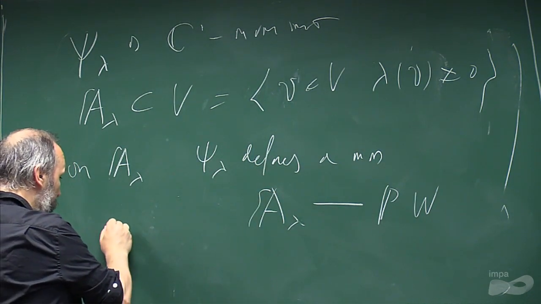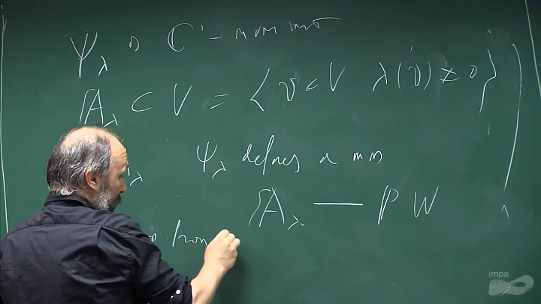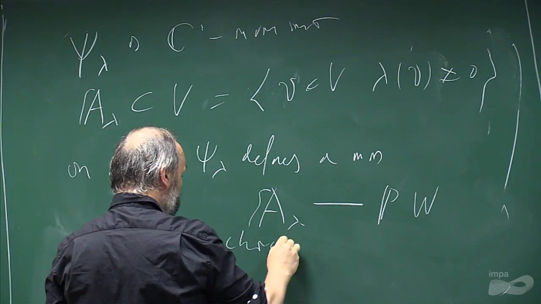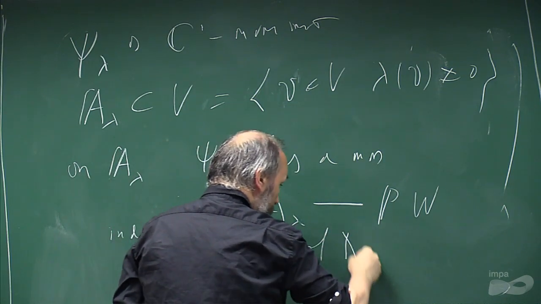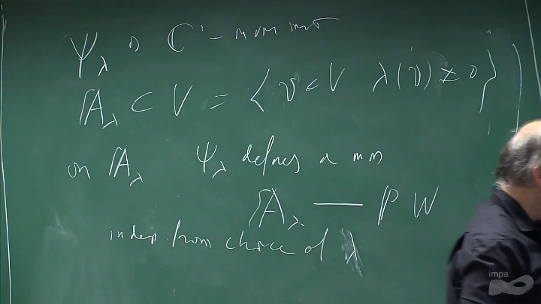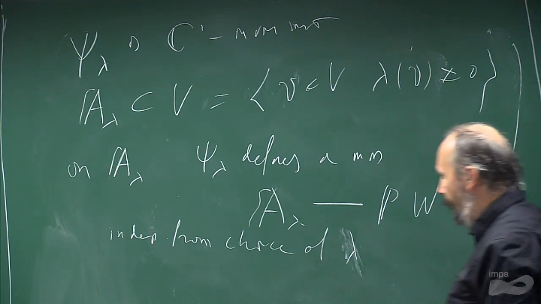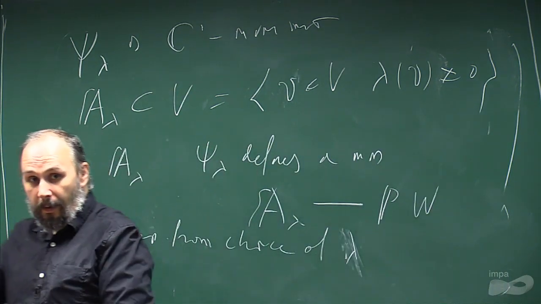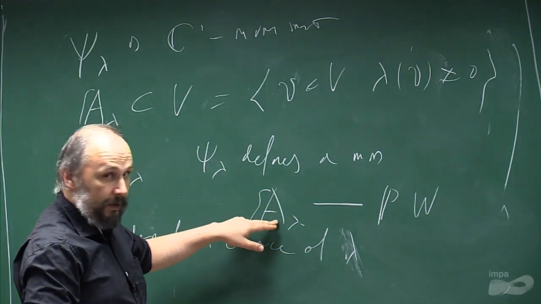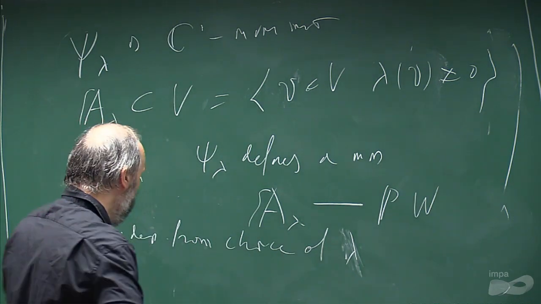But it is independent of the choice of lambda, because if you change lambda, this would just be multiplied by a number. It would stay in the same line. So as you make a transition from one chart to another, the map doesn't change. It remains the same map.